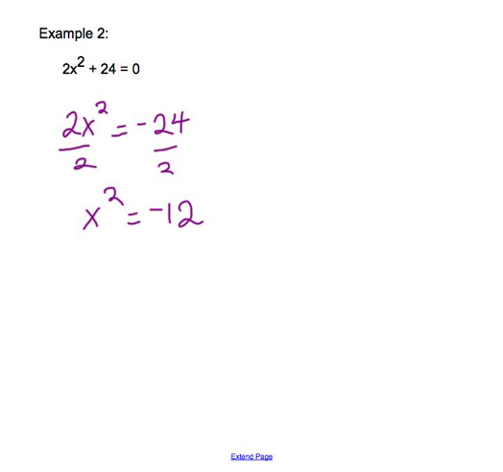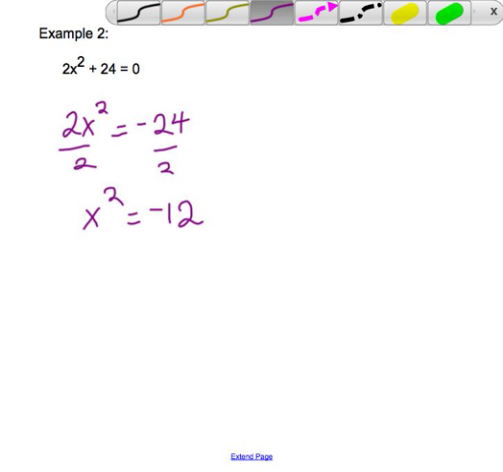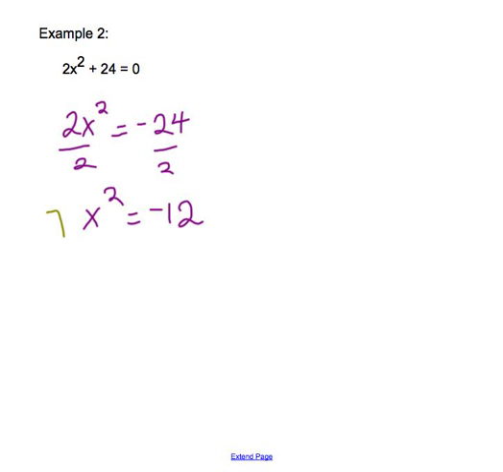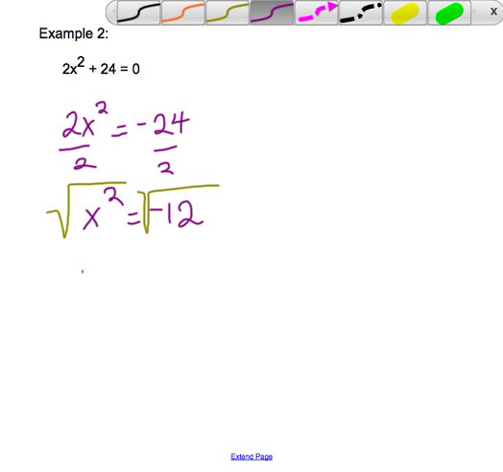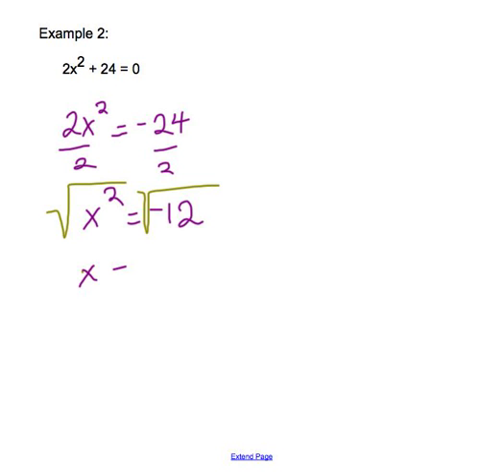So now we want to solve for just the x. So our strategy is take the square root of both sides. So square root of x squared is just x. And the square root of negative 12 will be plus and minus, positive and negative. This will break down into negative 1 times 4 times 3.